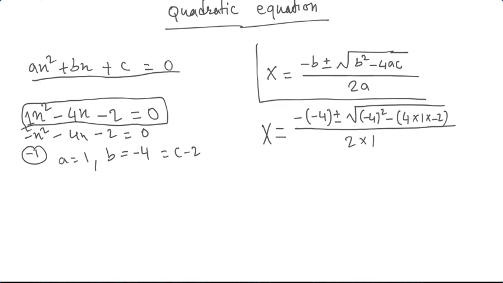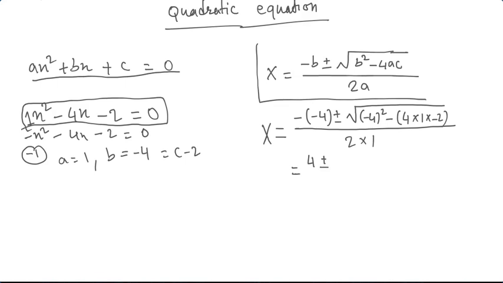In the next step, minus and minus is plus, so we get plus 4, and no need to write the plus sign. The plus or minus remains the same.